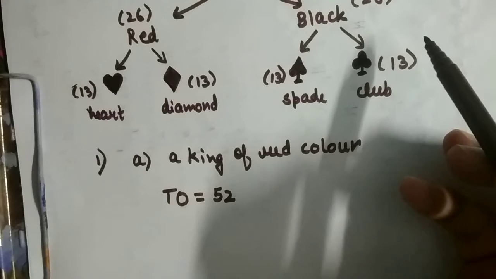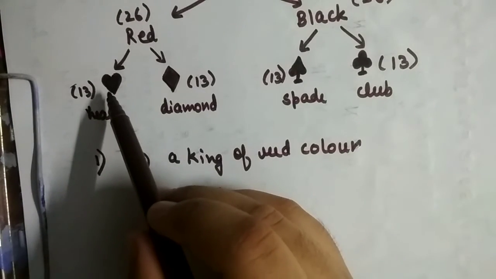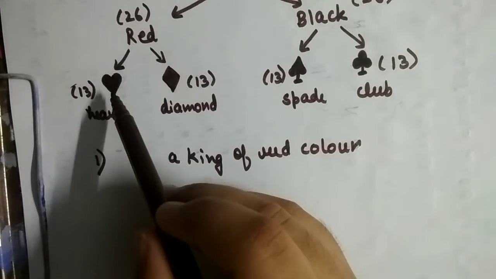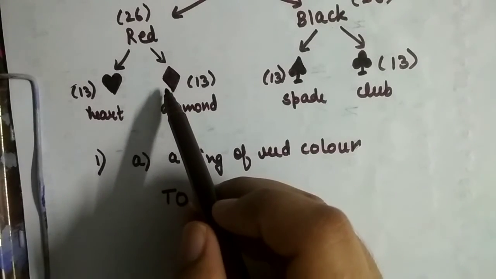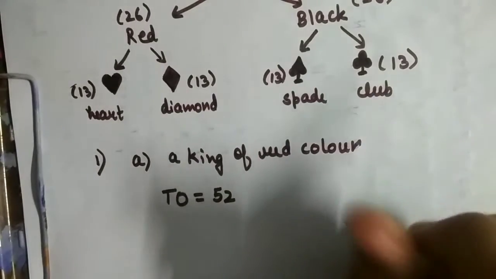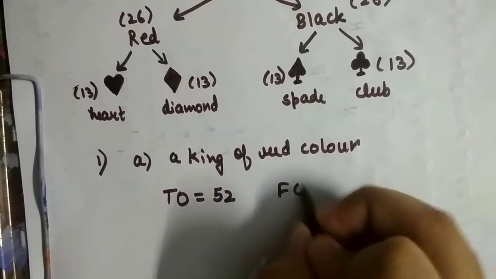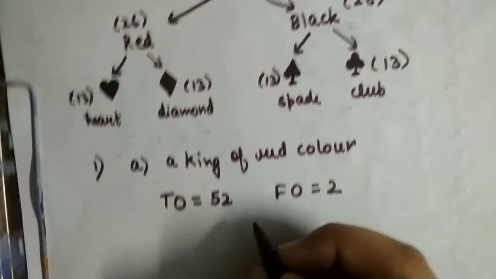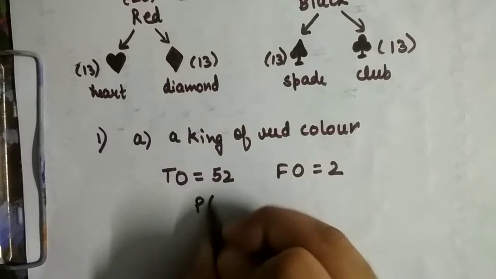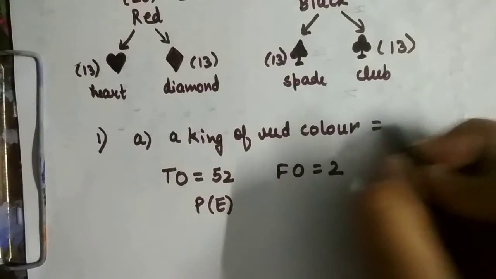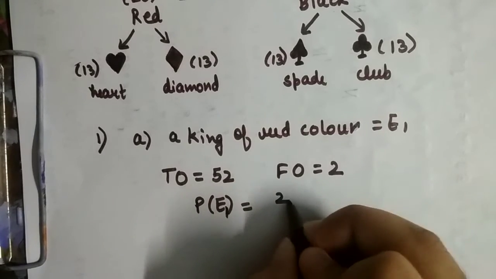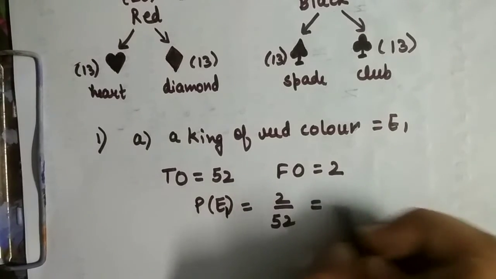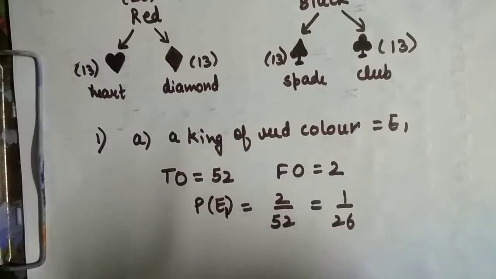So there would be one in red color, there will be one king of heart and one king of diamond. So in total there are 2 kings of red color. So favorable outcome is 2. So the probability of the event E1 of getting a king of red color is 2 upon 52, that is 1 upon 26.